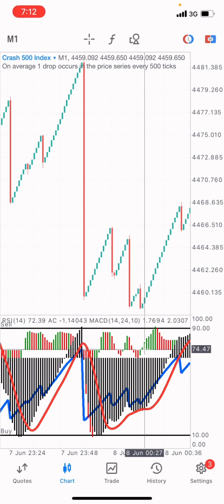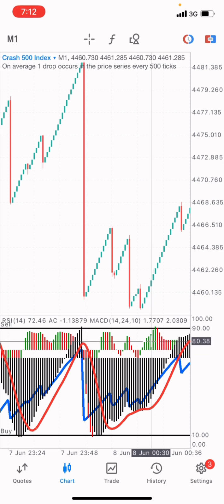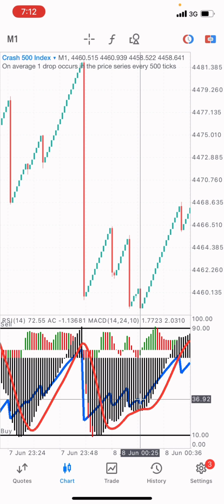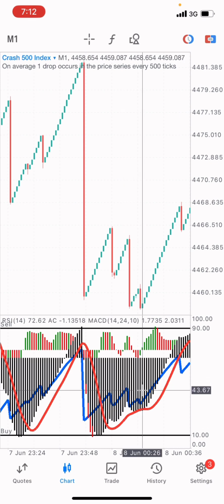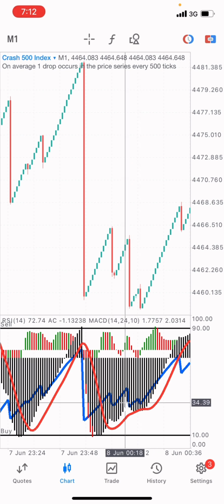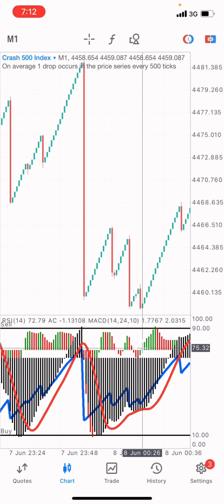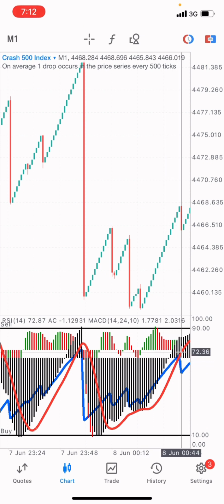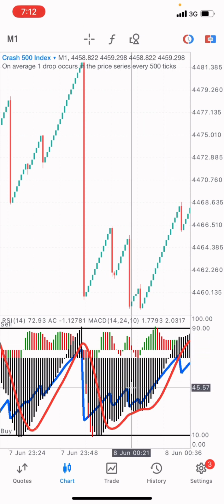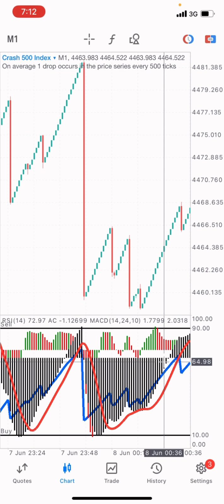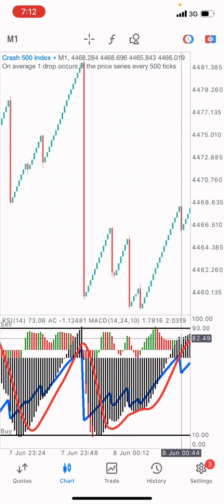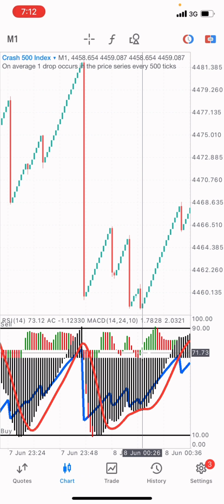Now when this green line is upwards, you can see that at this point the MACD is about to end its downtrend, meaning that the MACD is about to go upwards and create an upward trend, because this downtrend is now coming to an end. So here we place a buy.